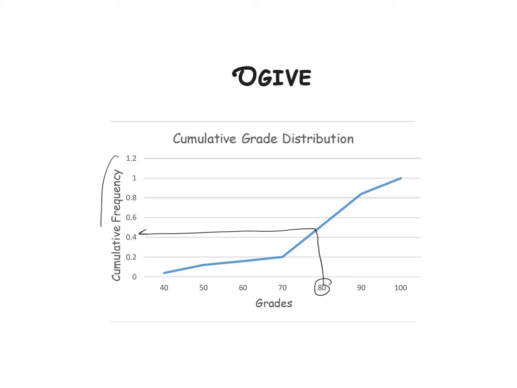Again, you have the cumulative relative percent on one side, it always flattens out at 100, and your data points, the upper class limits, are down here.